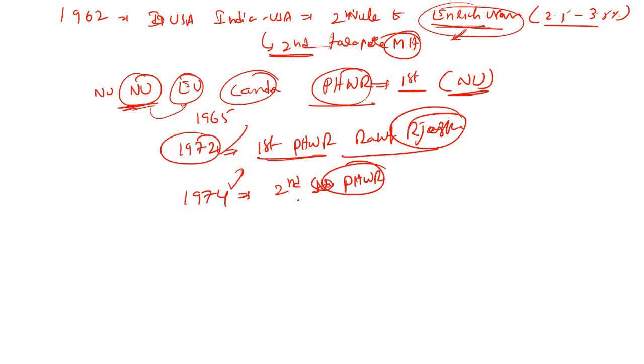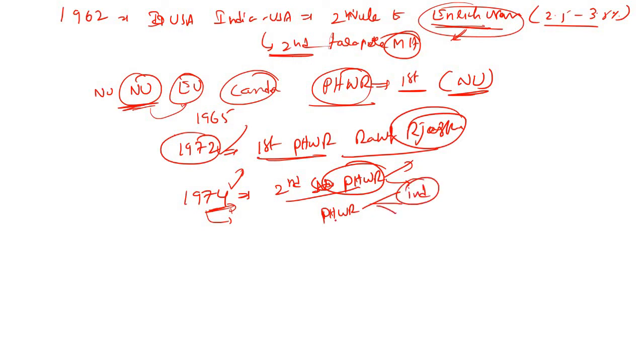During that time they were constructing our second pressurized heavy water reactor, but due to this nuclear explosion, meaning testing of a nuclear bomb, they left in the middle. Okay, so whatever pressurized heavy water reactors were constructed after 1974 are entirely indigenous.